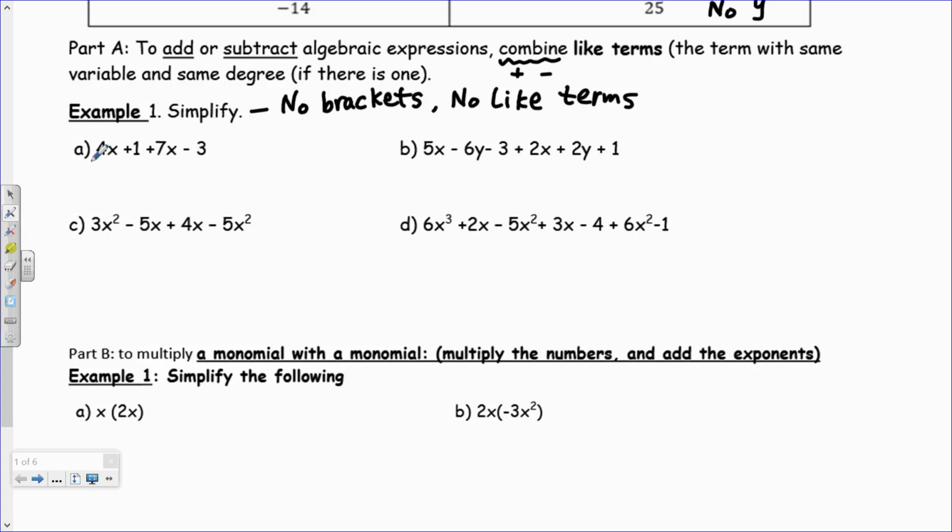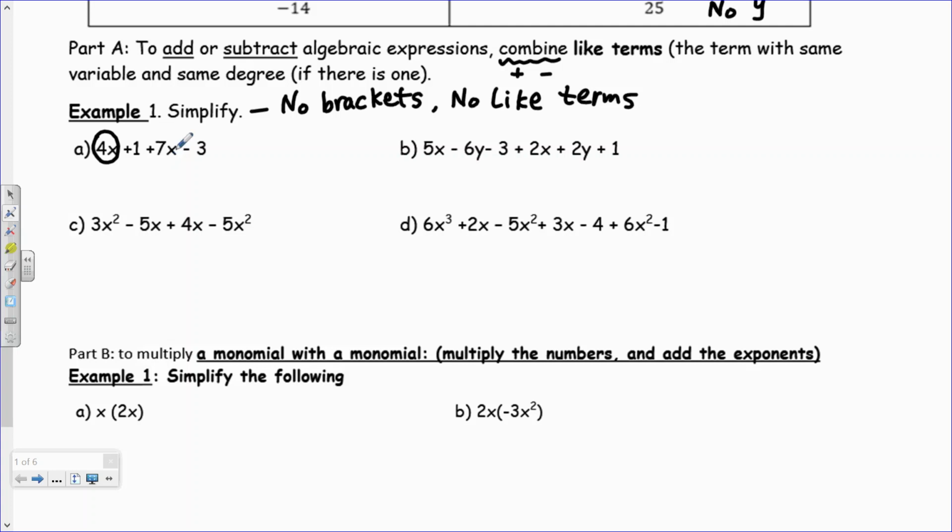So for this one, we are going to see 4x. We circle this one and we want to find which is like terms with 4x. Then we circle that like term. Then you will know which one is like terms with which one. So 4x, you have one variable x. This one no x, not like term.